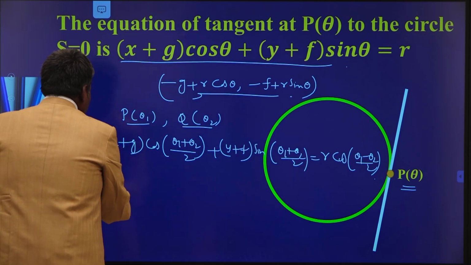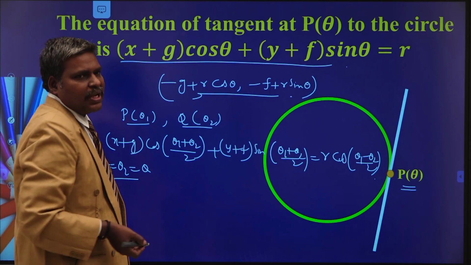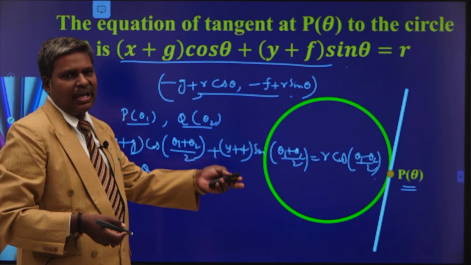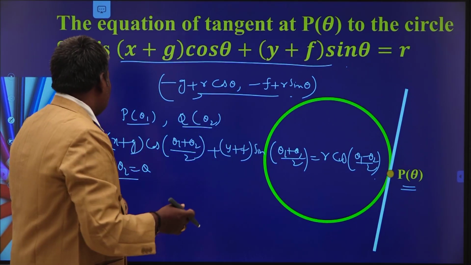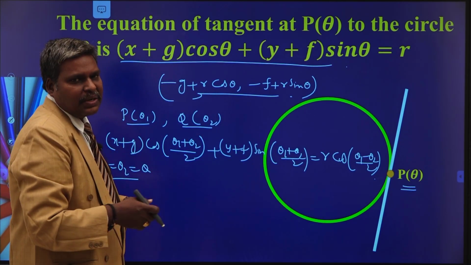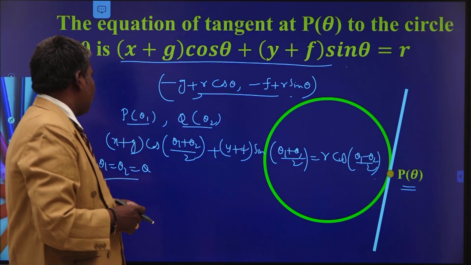When theta 1 is equal to theta 2 is equal to theta, what happened? That becomes tangent at theta. So either theta 2 approaches theta 1, or the point P of theta 1 approaches Q of theta 2, we get the tangent at that particular point. That is, theta 1 equal to theta 2 equal to theta.